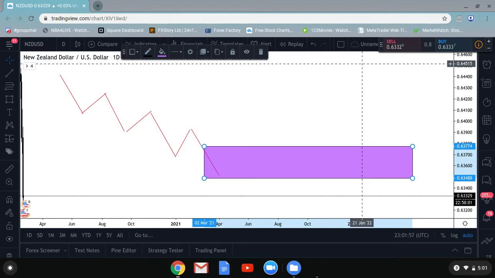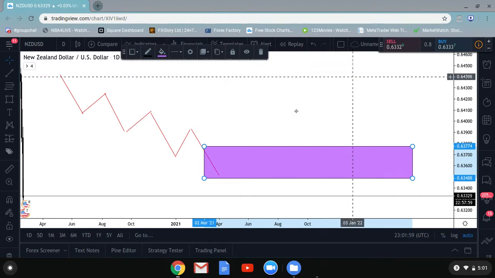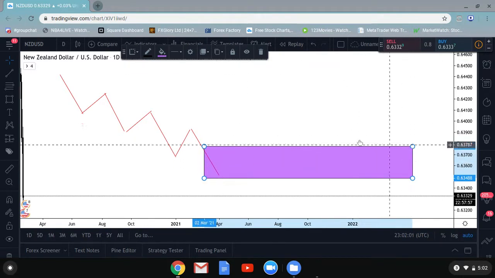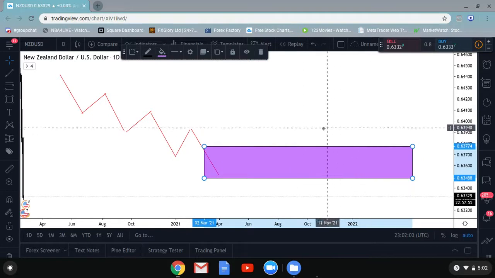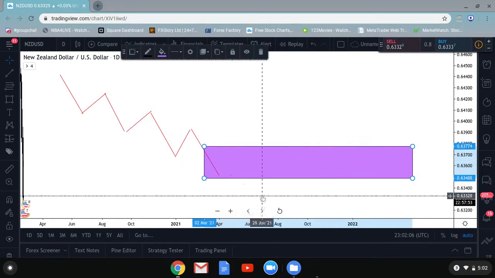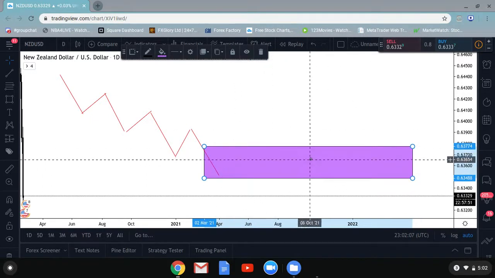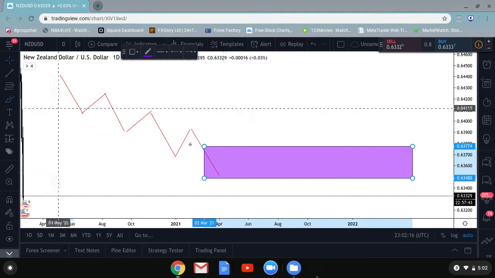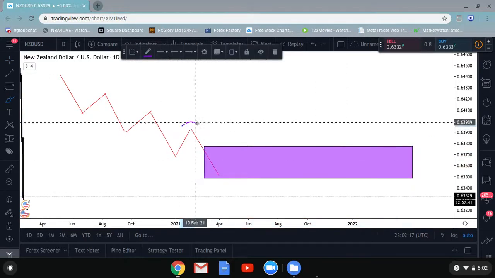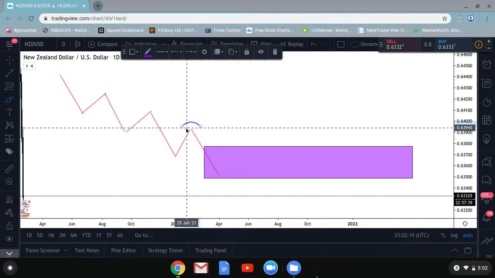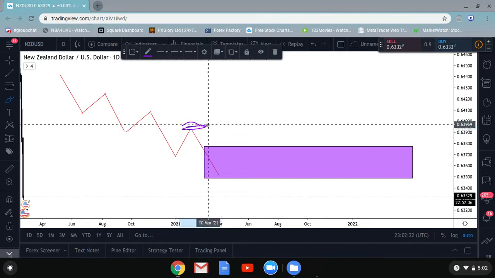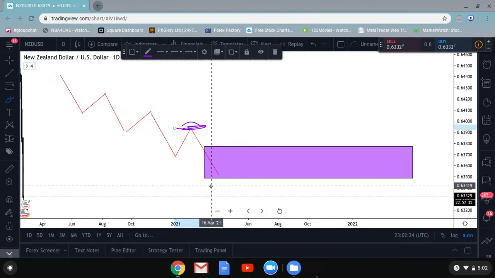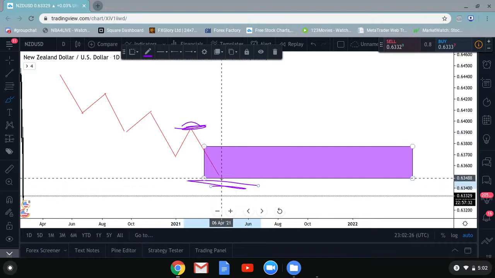So when price ranges and consolidates and moves sideways, it's accumulating everybody's buy and sell orders in this range. It's waiting to see, because the banks and the markets can see these things. They're waiting to see where everybody's going to place their stop losses. If you're selling, you'd put your stops above the previous lower high, and if you were buying, you'd probably put it below the previous low.